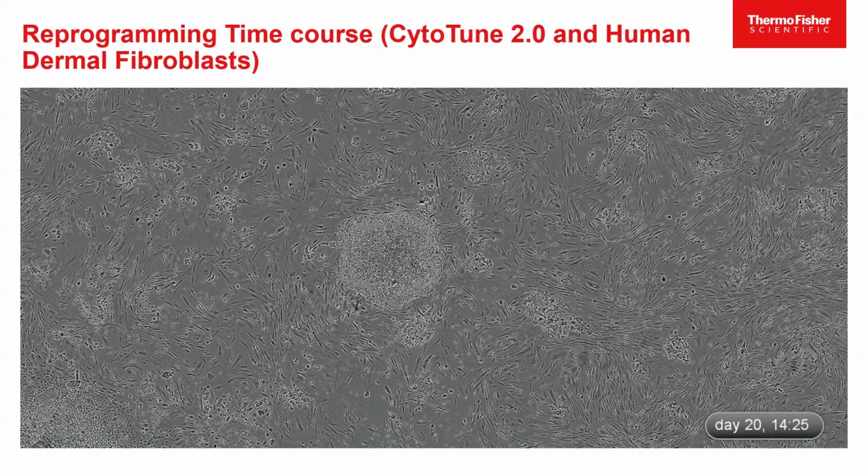Because these cells just underwent a big change. They, again, I'm going to use this again, they reversed time, right? And went back to their pluripotent stem cell like state. So you're going to try to pick the colonies that look the healthiest, and we'll give you some parameters on how to choose and how to distinguish between what is potentially a good colony versus a not so good colony.